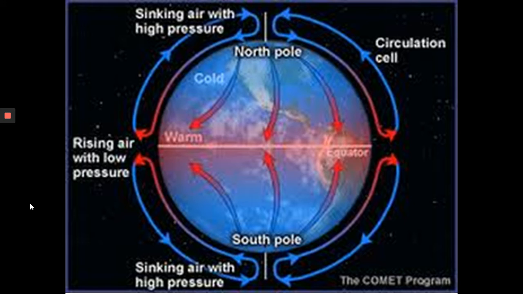So this is going to be a very important factor for the atmosphere and climate on our planet. The equator, which gets the direct sunlight, perpendicular to the sun, is going to get the most heat energy.